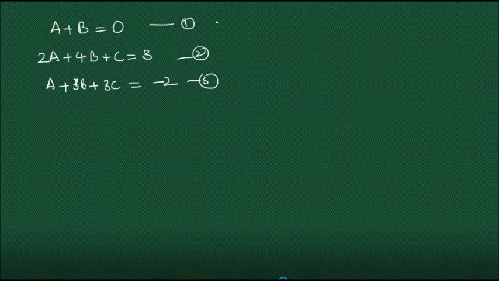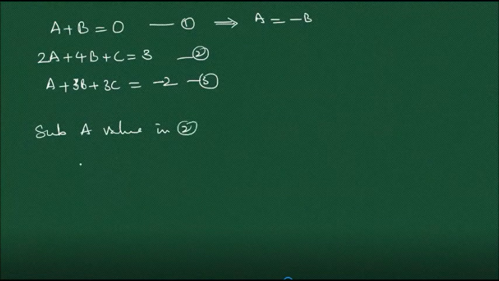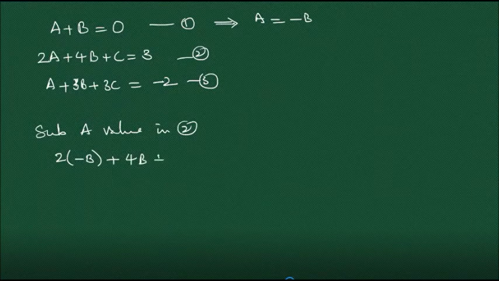Now, from this I am writing a is equal to minus b and substituting in 2 and 3. Substituting the a value in 2, 2 times minus b plus 4b plus c is equal to 3.